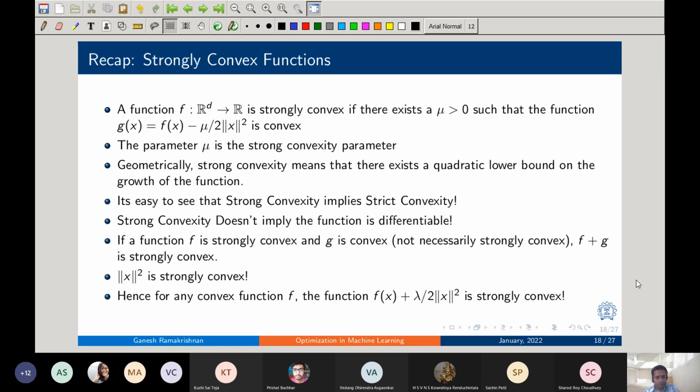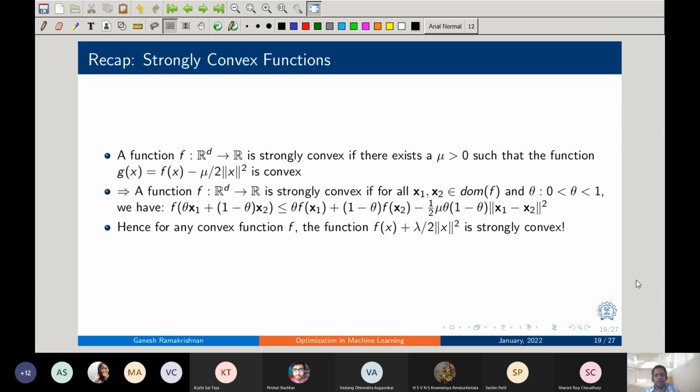We can also have strongly convex functions, right? And here's an important statement I've made here with respect to strong convexity. So if a function is strongly convex, for all x1, x2 in the domain and theta, 0 less than theta less than 1, for all of these values, we'll have this condition.